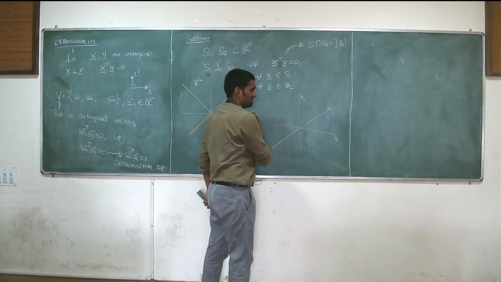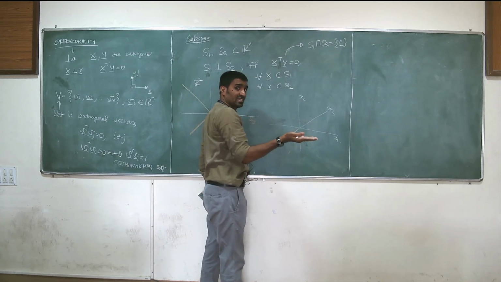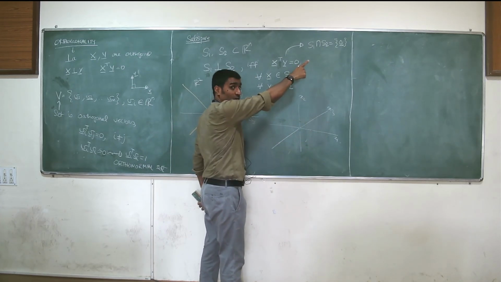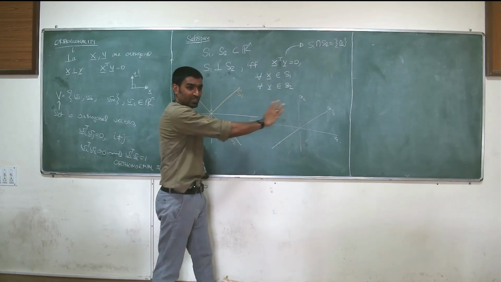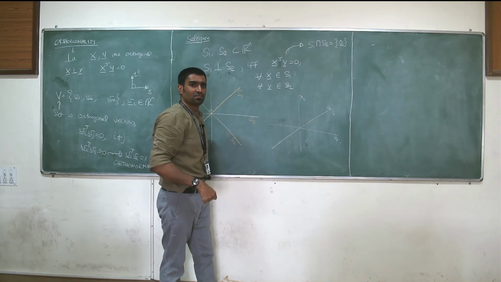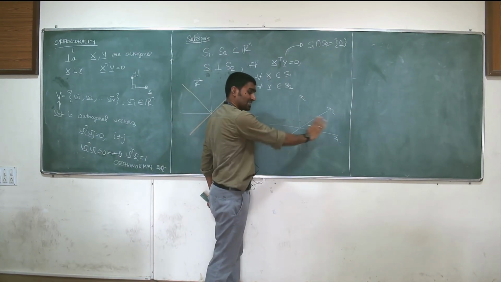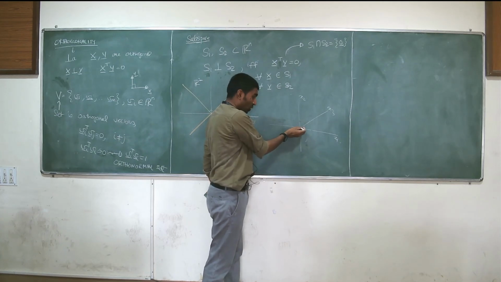If you consider the X1, X2 plane and the X1, X3 plane, their intersection is not zero. Their intersection is the X1 line, because X1 is there in both of them. Whereas if you consider the X1, X2 plane and X3, the only place where they intersect is the origin.